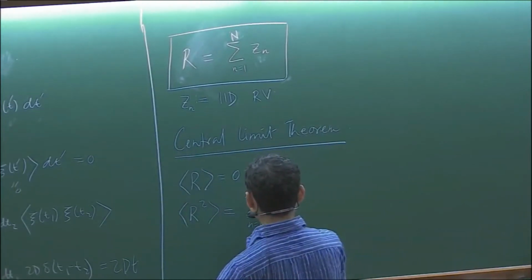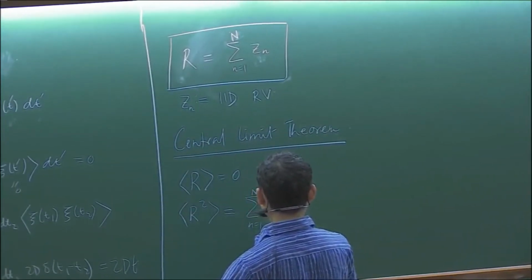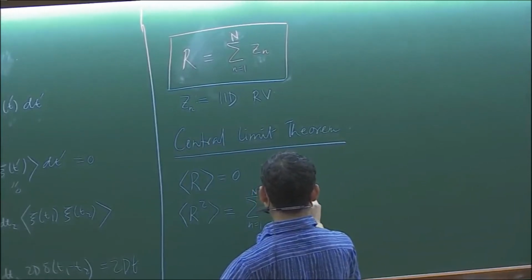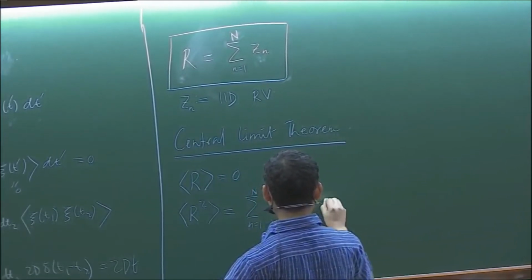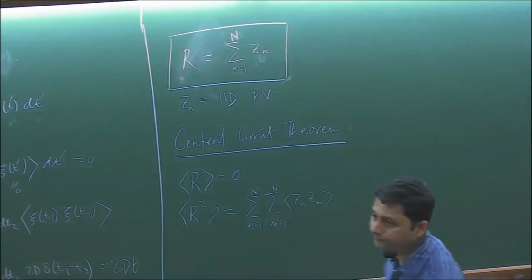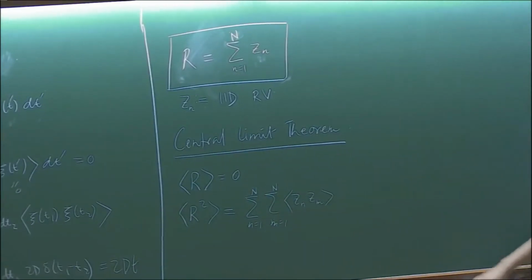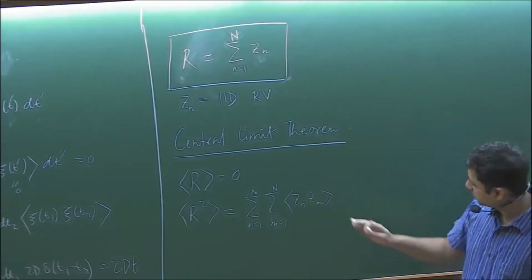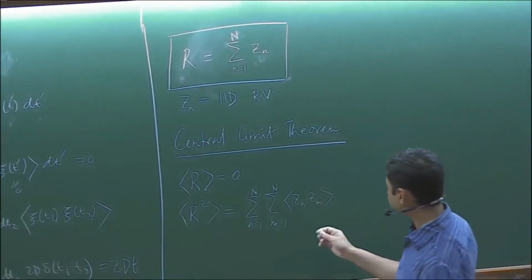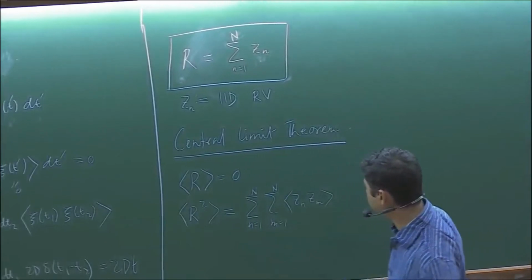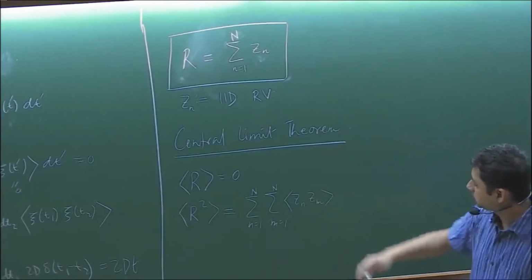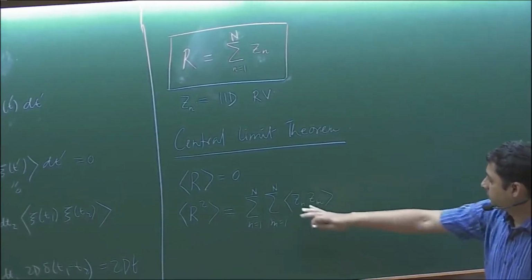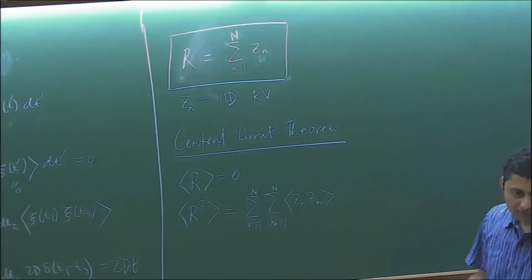Sum over n equal to 1 to N, sum over m equal to 1 to N, Z_n Z_m. Now these are independent, so they are going to contribute only when n is equal to m.